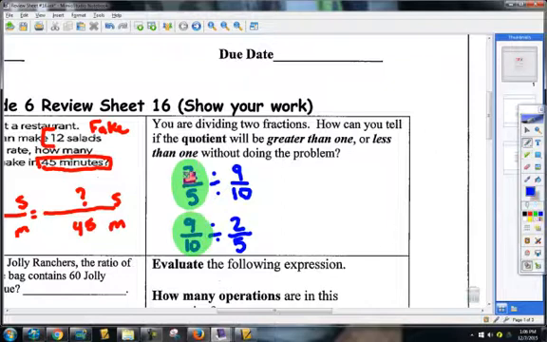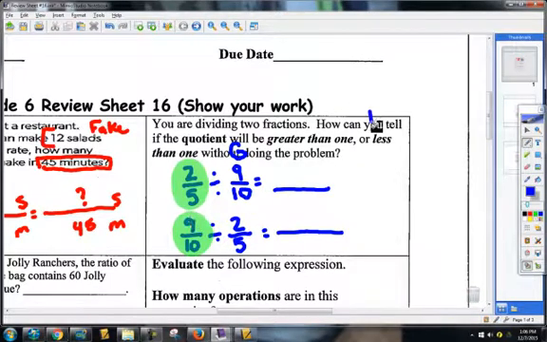If I'm taking a dividend and dividing it into groups, these are my groups over here, so I'll put a G there, that are bigger than the actual dividend, is it possible for me to have a quotient of greater than 1? Is there even going to be one whole group of 9/10 and 2/5? Whereas the one below it, will there be at least one group of 2/5 and 9/10?